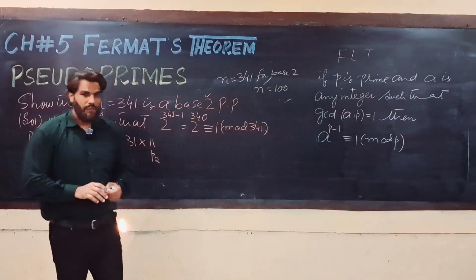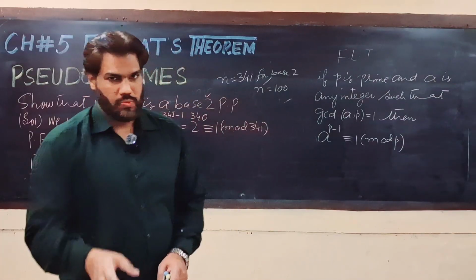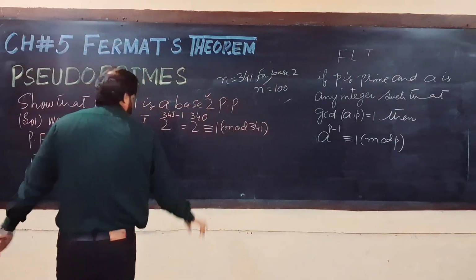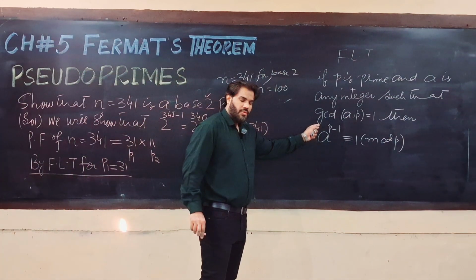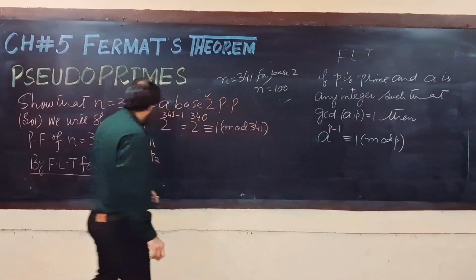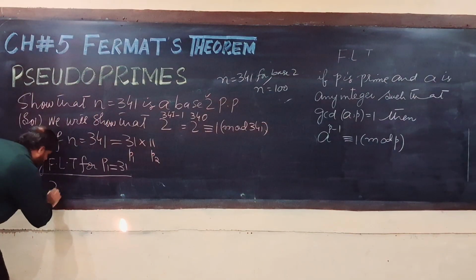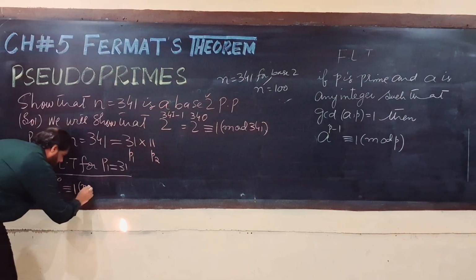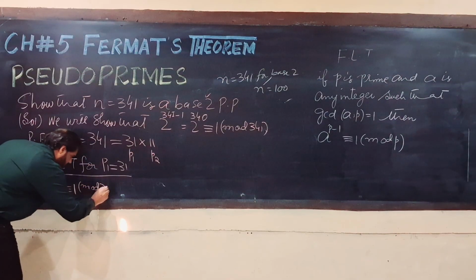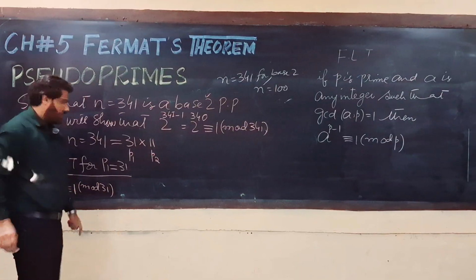But if in case the base is not mentioned, you will always use the base 2. So put A is equal to 2 and P is equal to 31 here. For this prime number, the first congruence is 2 raised to power 30 is congruent to 1 modulo 31. This is the first congruence that I will use.